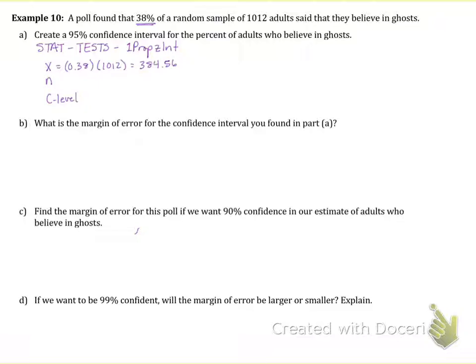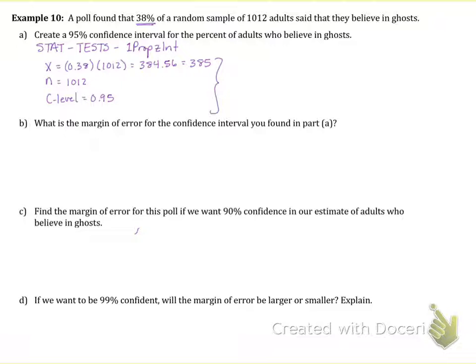But we don't typically have a decimal as our numerator, so you should round this to a whole number. Now, if you don't round this, your calculator will give you an error. So be very careful, make sure it's a whole number. Now, N, again, was the sample size. So this is 1,012. And our C level is 0.95.